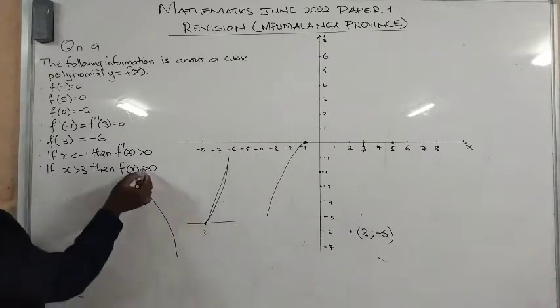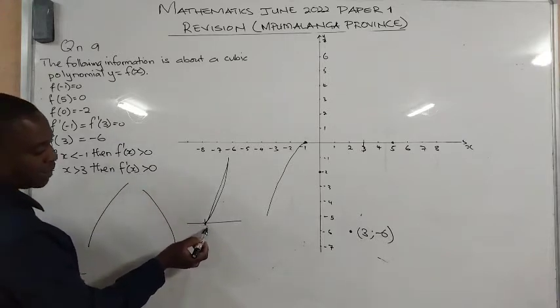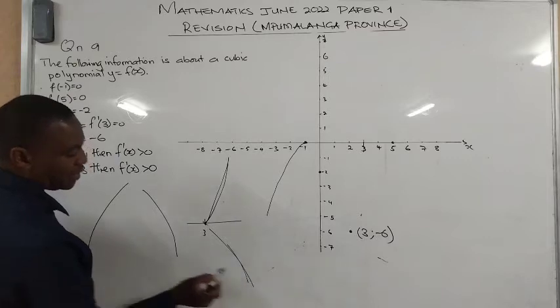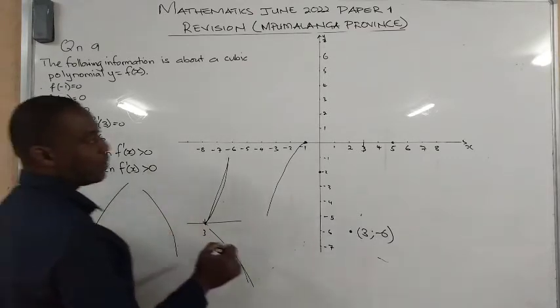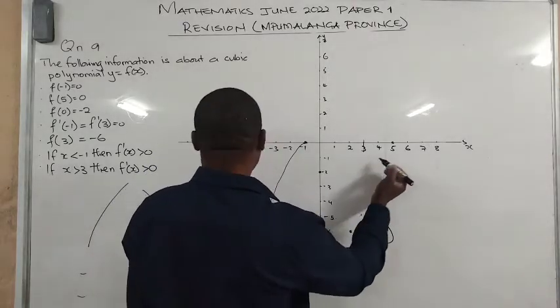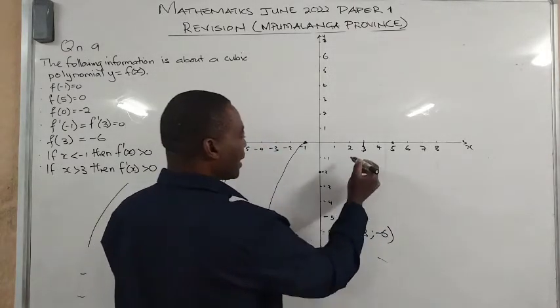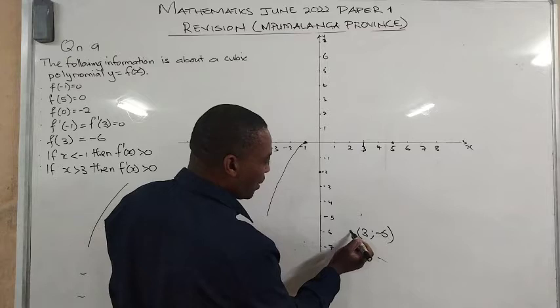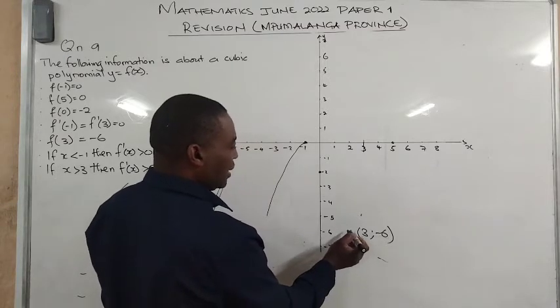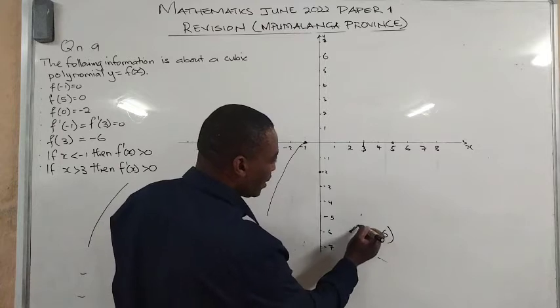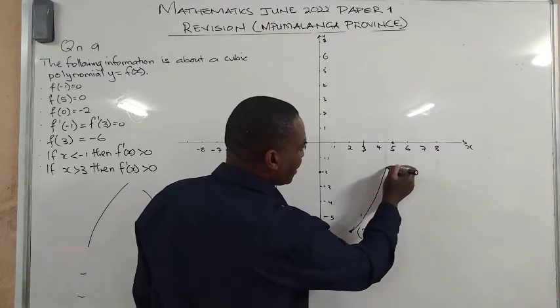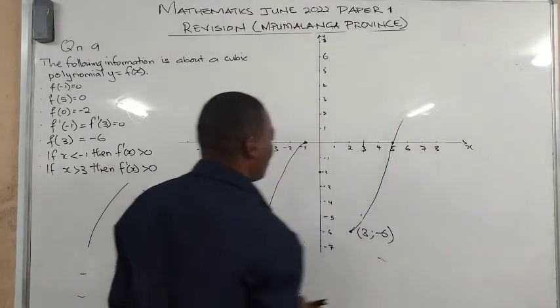If it will be less than 0, we'll be expecting the graph to take this shape. So in our case, the gradient is greater than 0, so we are expecting the gradient after the turning point, because when x is 3, we have a turning point. So we are expecting the graph to be going and then cutting the x-axis at 5.